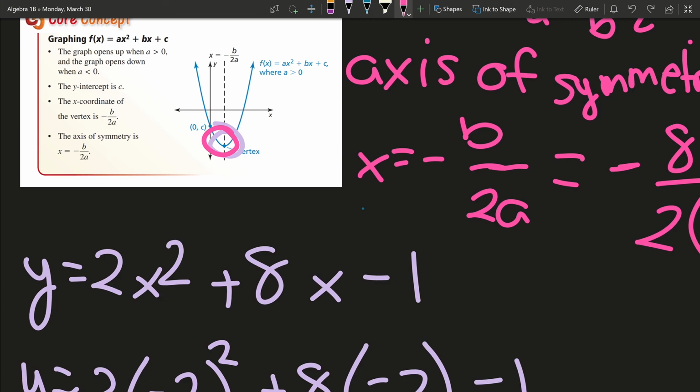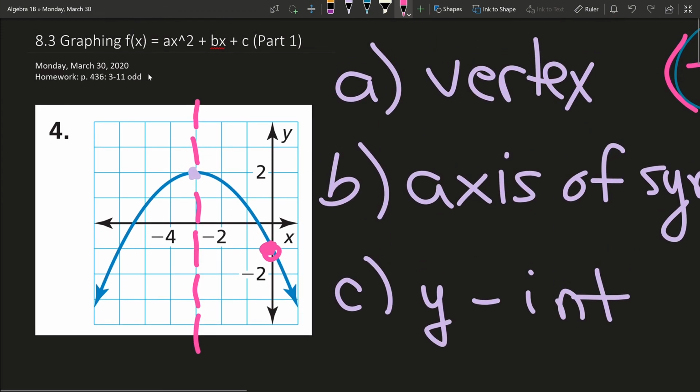By doing that, we can calculate the vertex, because once we calculate our x value, we can plug it into the original equation and get y. And remember, the homework is page 436, 3 to 11 odd, and we'll continue with part 2 tomorrow.